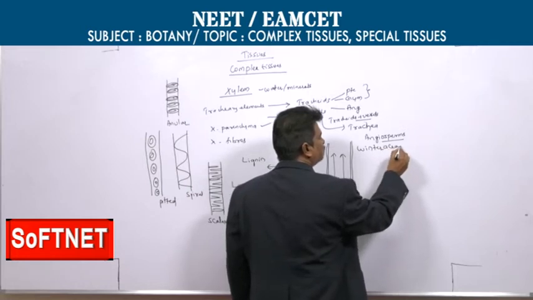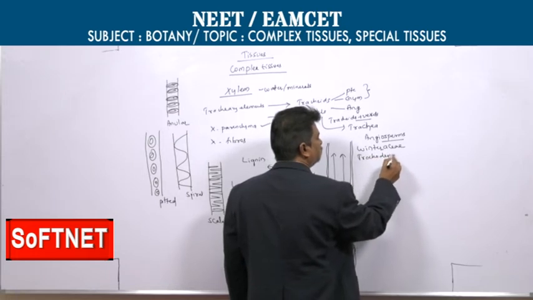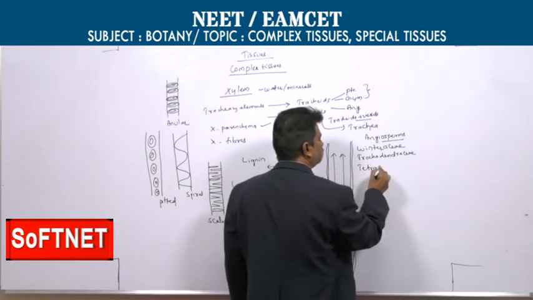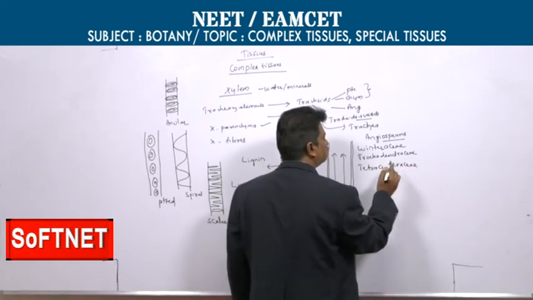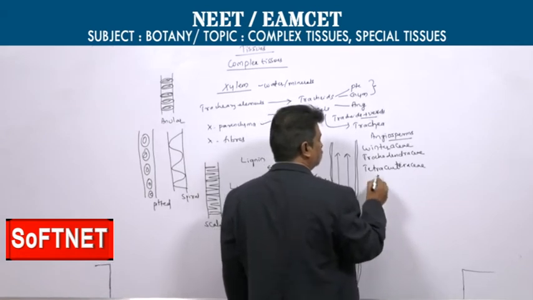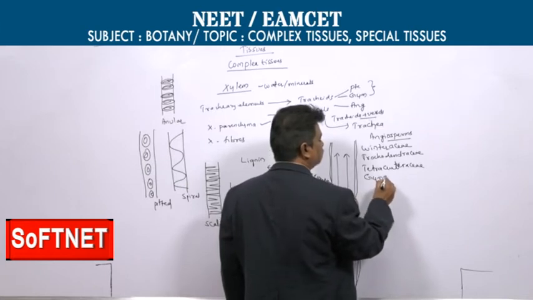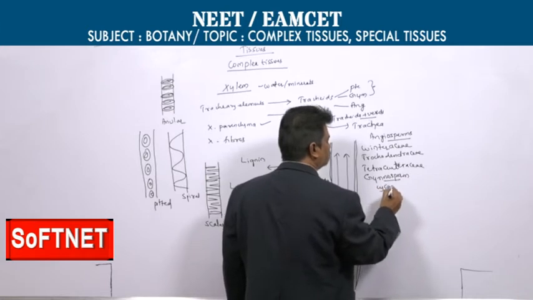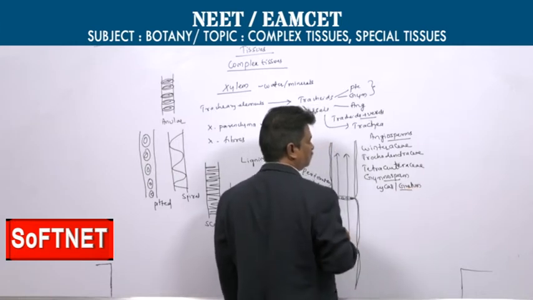Vesselless angiospermic families are Winteraceae, Trochodendraceae, and Tetracentraceae. In these families, the vessels are absent. Vessels are also absent in gymnosperms, but some gymnosperms like Cycas and Gnetum have vessels present.